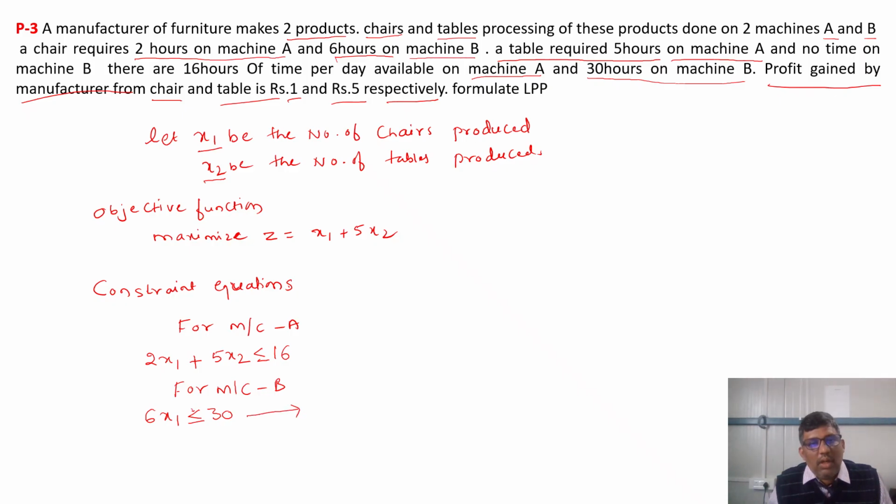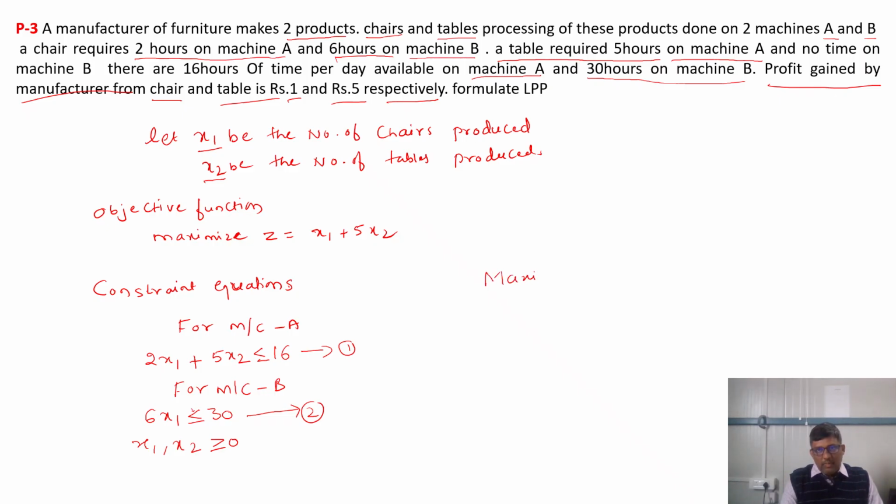I will write this as the first constraint and this as the second constraint, and we have the non-negativity conditions: x1, x2 should be greater than or equal to 0. Once we are done, we have to represent the total problem in a box.